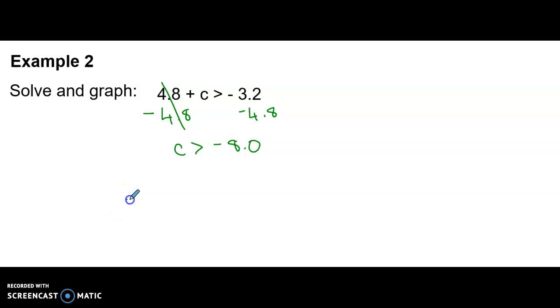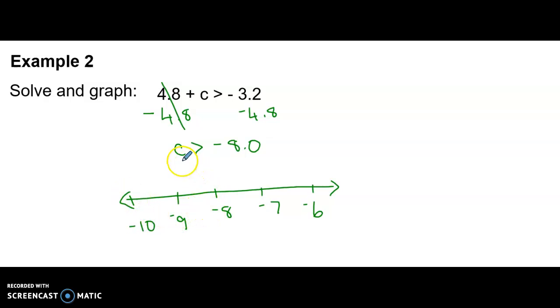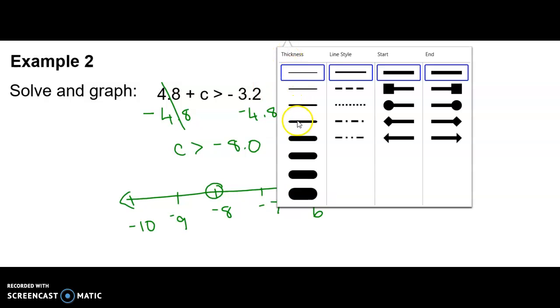As always, because it's an inequality, we have to illustrate our answer on a number line. So I'm going to put negative 8 in the middle and a couple of numbers on either side. C is greater than negative 8, so I put the hollow circle at negative 8, and then I want to shade my arrow.